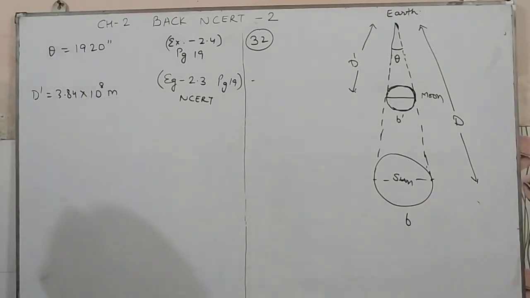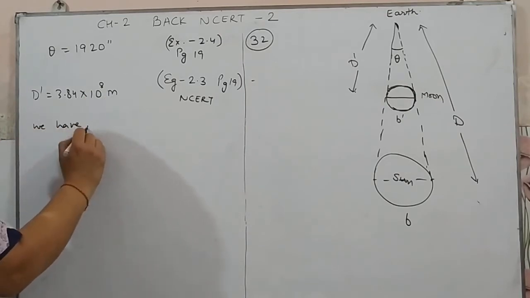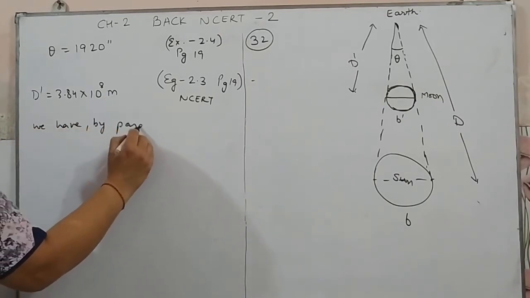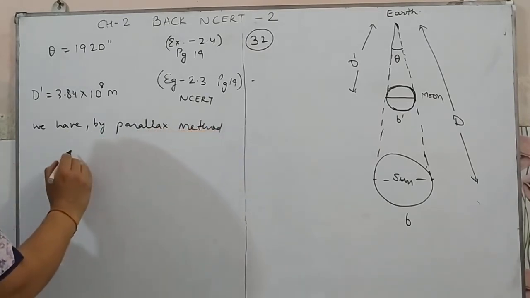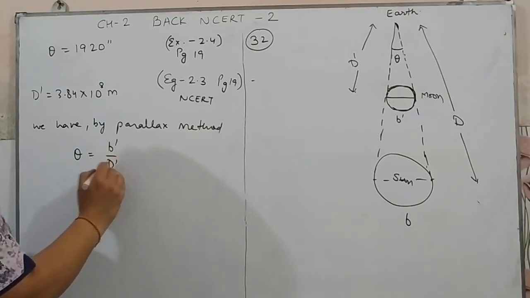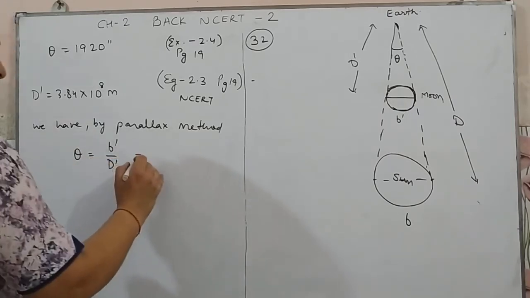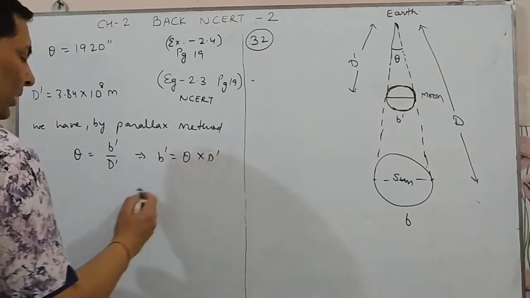Now by the parallax method, theta equals b dash by d dash. Since we are looking for b dash, b dash equals theta multiplied with d dash.